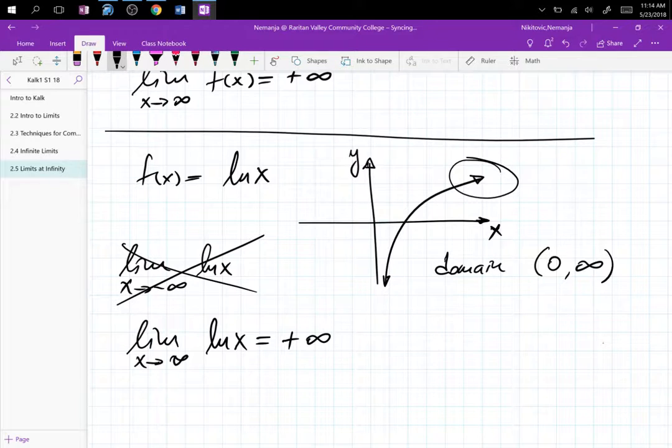Great. We exhausted both possibilities. The negative infinity question you can't ask at all, and the positive infinity gave us positive infinity, so no horizontal asymptote.